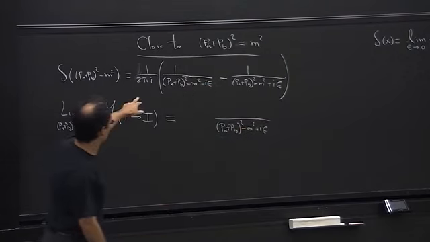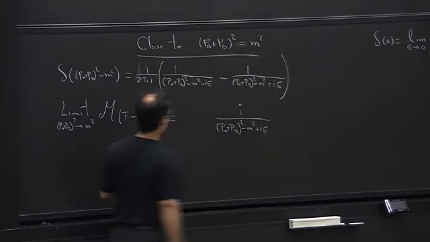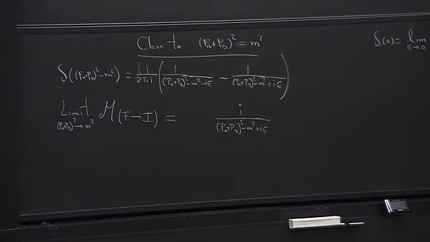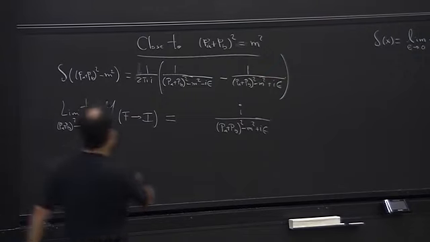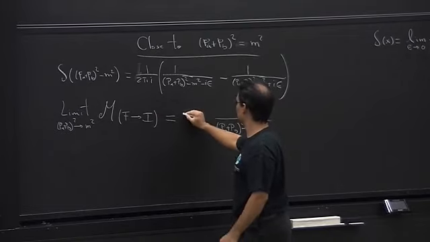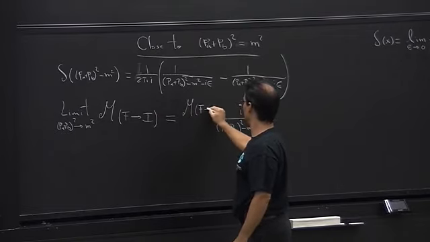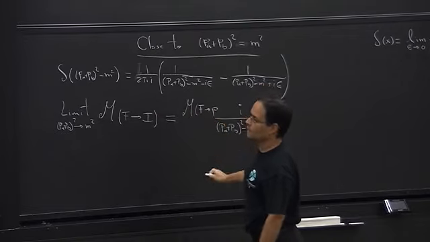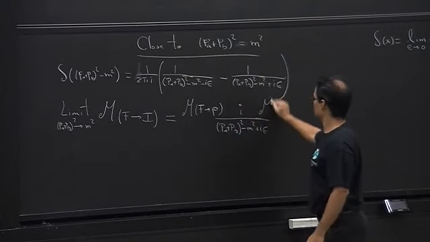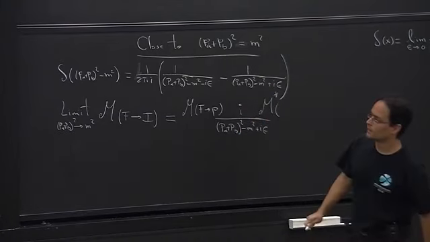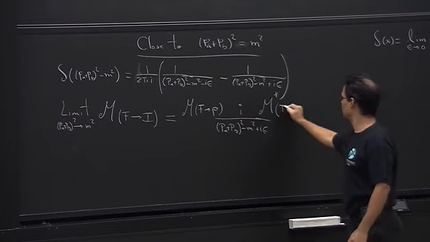In fact, if we work out even the i's, that will give us an I, and we get this on top, which I'm going to write here as this, and then I to P.